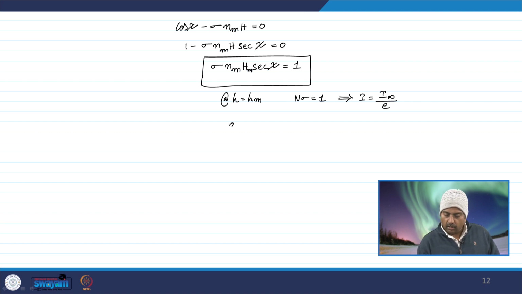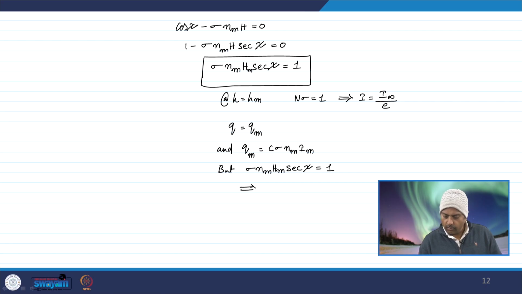And so, we can write the production Q as Q is equal to Qm, and we are defining Q to be Qm, and Qm is equal to C sigma Nm Im, but we know sigma Nm Hm secant chi is equal to 1.